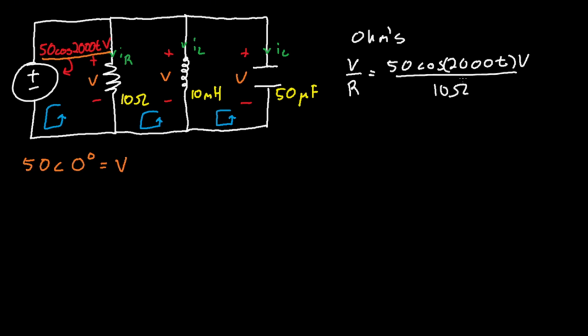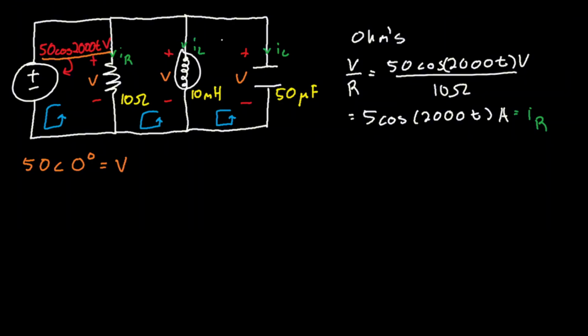For this regular resistor, we don't have to use impedance. It doesn't have any complex numbers, so we don't have to worry about that. Let's simplify this, and you basically just get 50 divided by 10, right? This is 5 cosine of 2000t amps. So this right here is the current of your resistor.